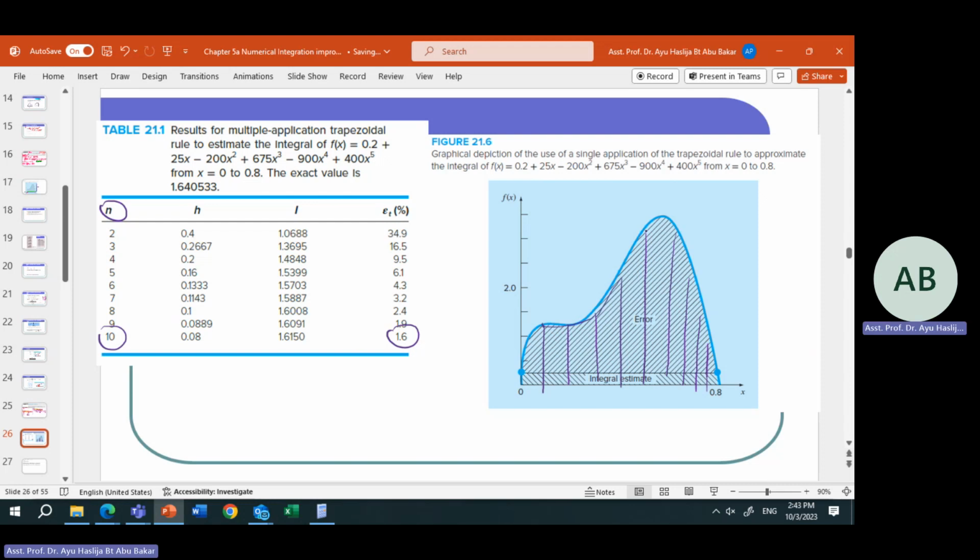It covers a lot of the error part, so perhaps only this part is left out. That's why with 10 segments, there is only 1.6% error.